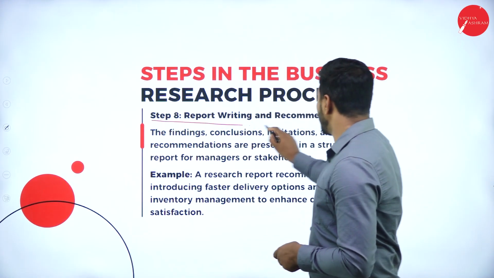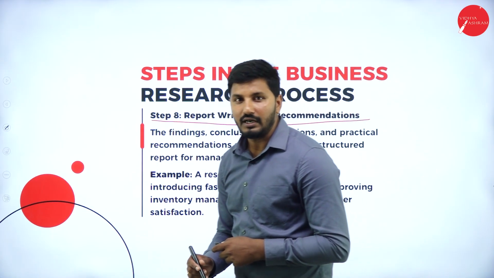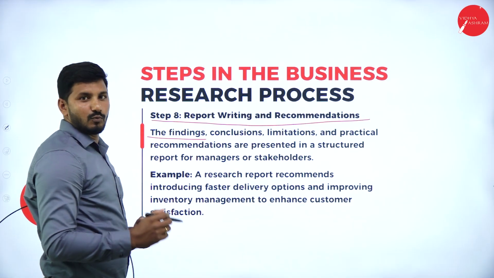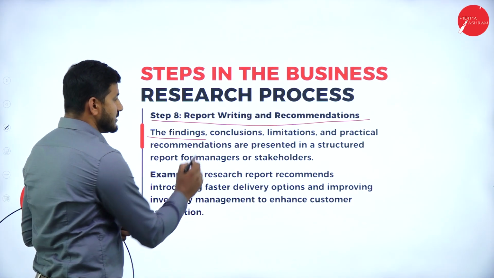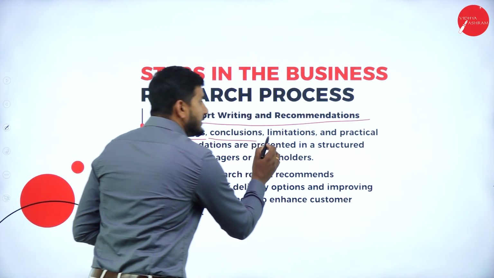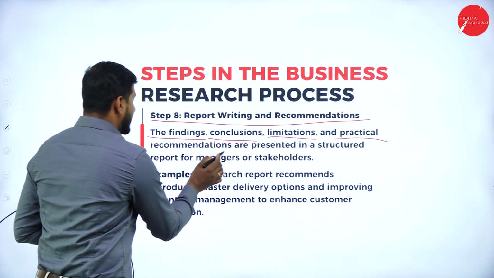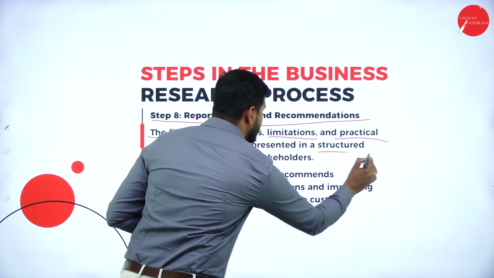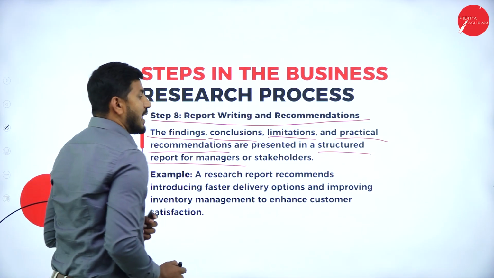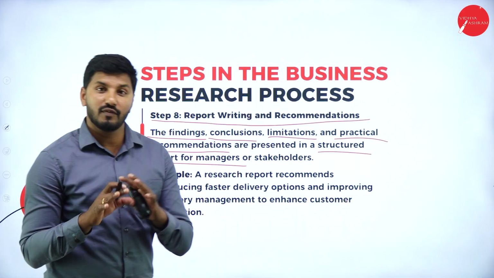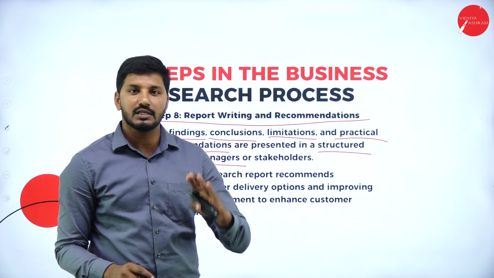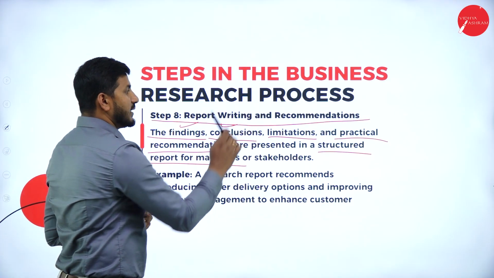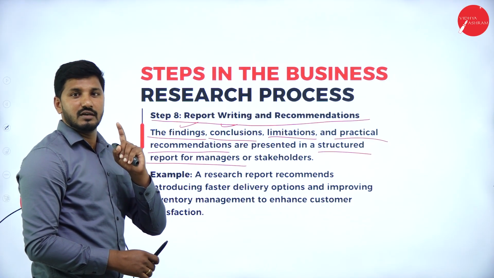Then next we move on to the last step, report writing and recommendations. Here the findings, what you have found from the research, then the conclusions and the limitations, along with the practical recommendations, are presented through a structured report for managers or stakeholders. This is the final step. After all of steps 1 to 7, we are going to write according to the findings, conclusions, limitations and practical recommendations to the managers.